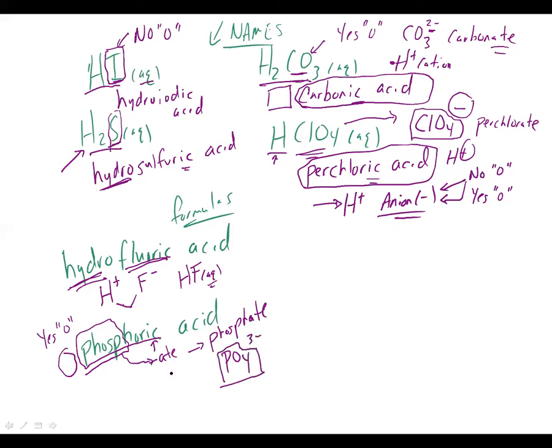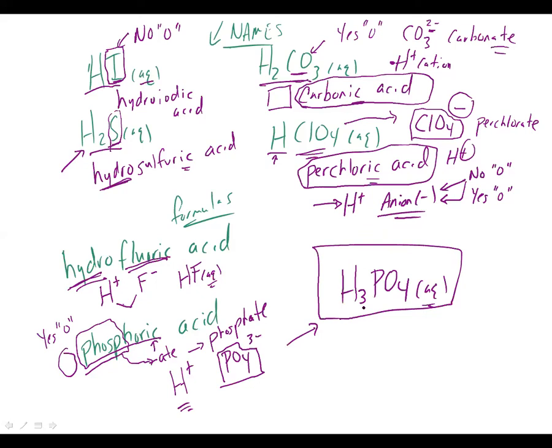Again here, every acid, the cation is H plus. So what we could do here is when we put it together, we want to make sure it equals 0. So in this particular case, we actually need 3 of these H pluses to balance it out. So that will get us a formula that is H3PO4. Again, putting the aqueous next to it, and that would be the formula for phosphoric acid.